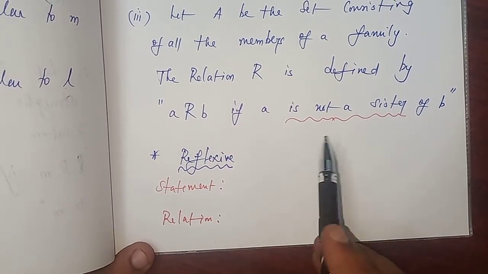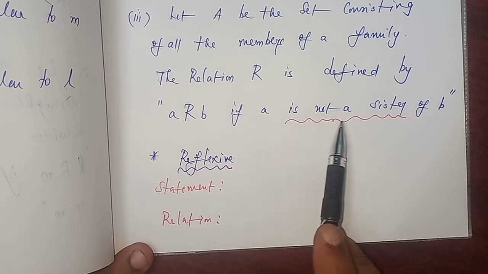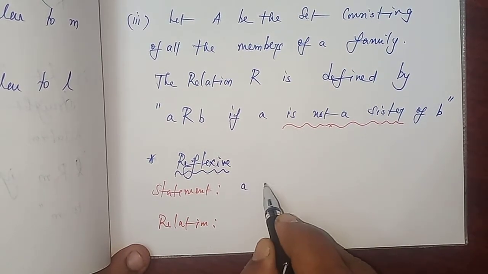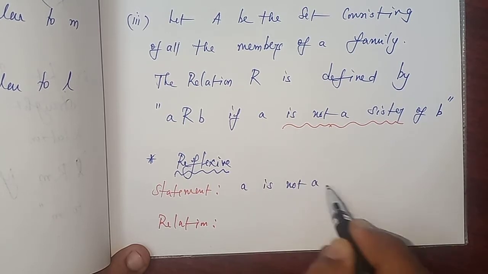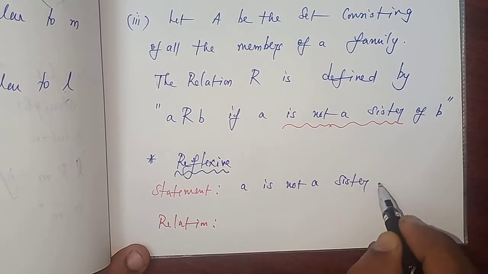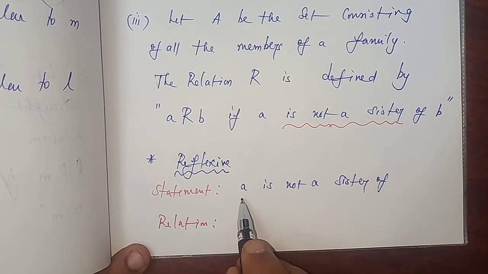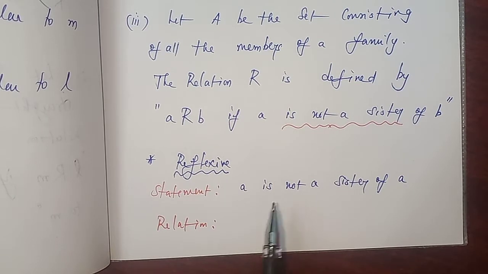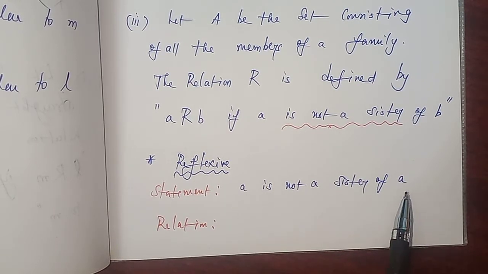The statement given is A is not a sister of B. Since I have taken A here, here also I have to mention A only, according to the definition of reflexive. These two must be the same only. A is not a sister of A.